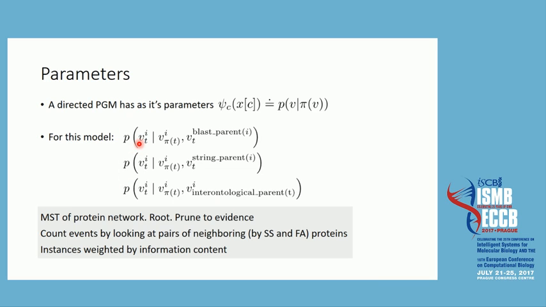It's the probability of a protein I having GO term T given its GO term parents for that same protein and its protein network parents for that corresponding term. And that might be, in this case, BLAST, STRING, or for the interontological edges, it depends.